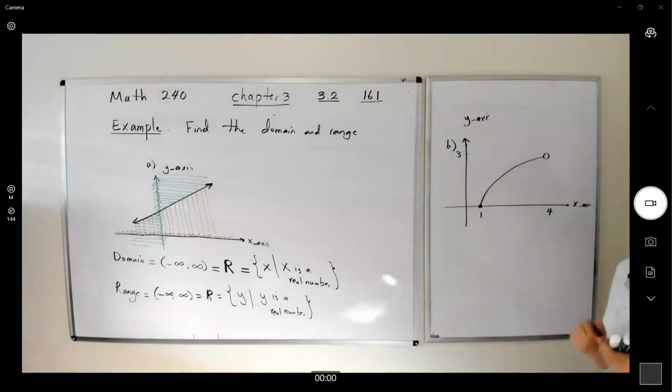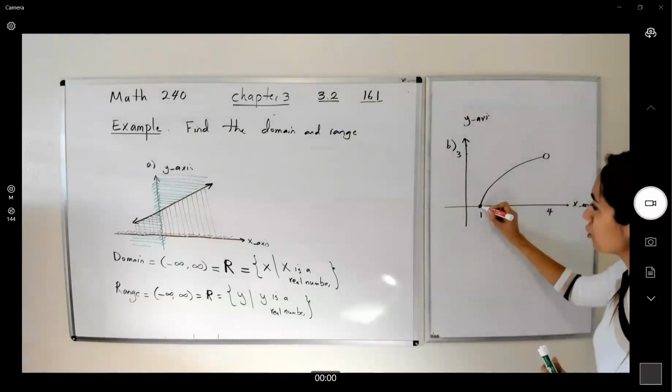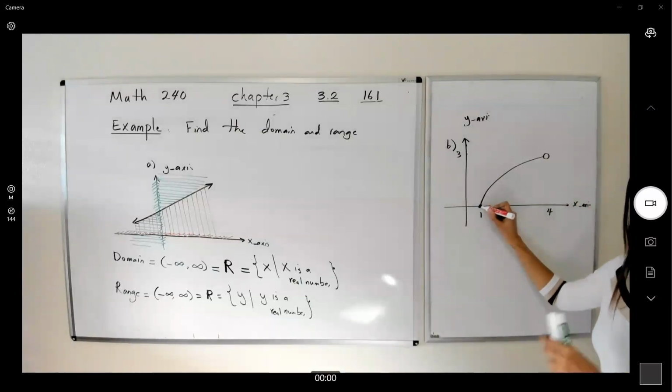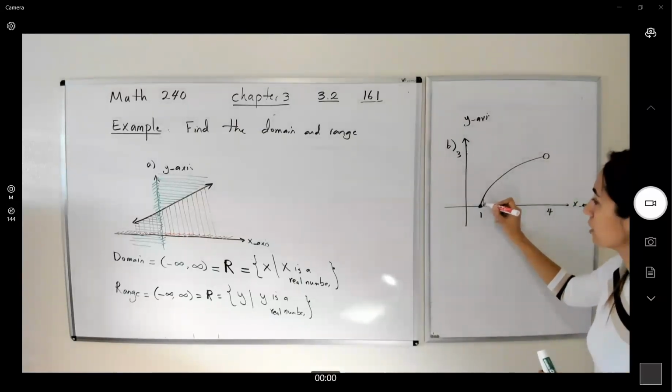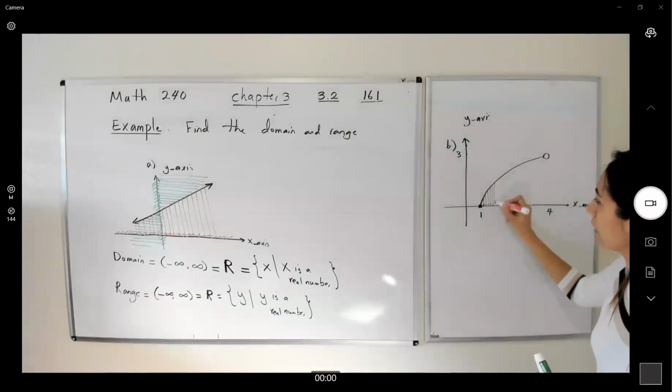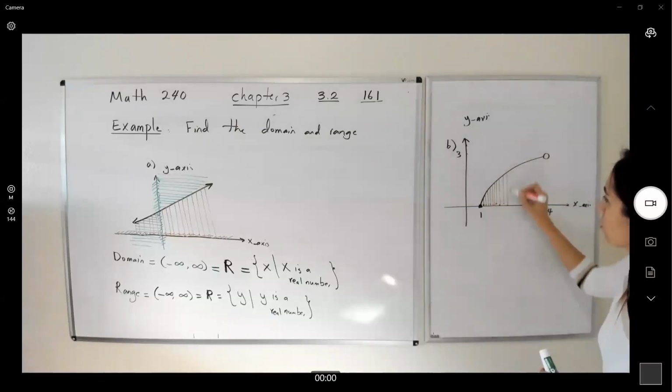To find the domain, we're going to project this graph on x-axis. So the projection of this point is going to be that point. We're projecting the rest of the curve, the graph of the function on x-axis. Continue this process.